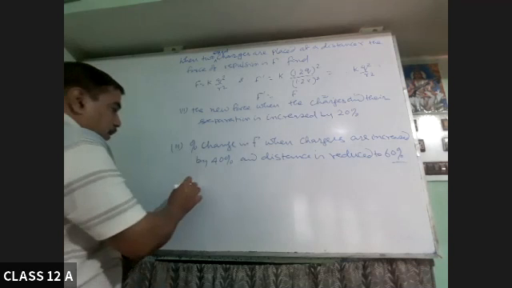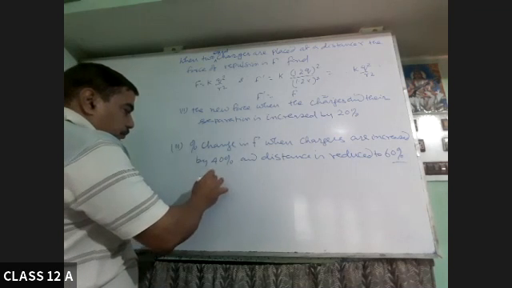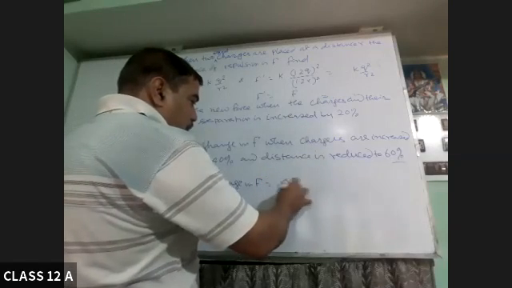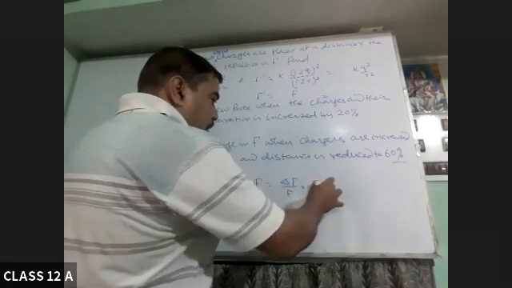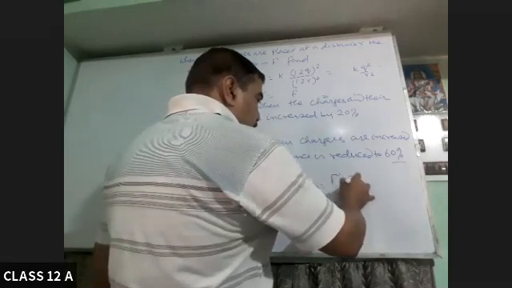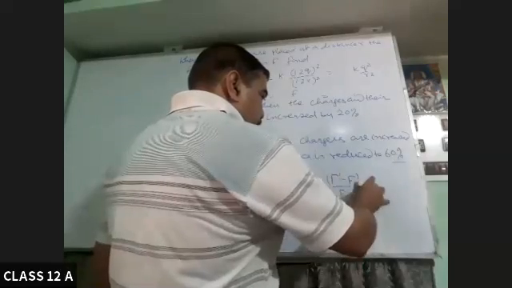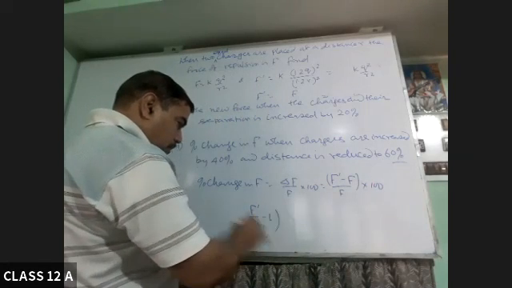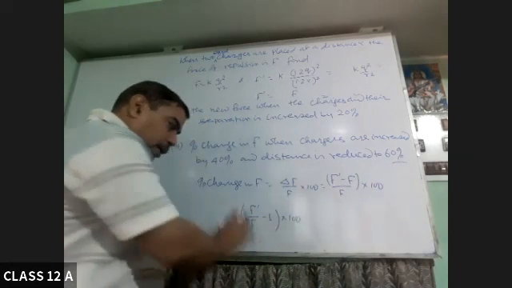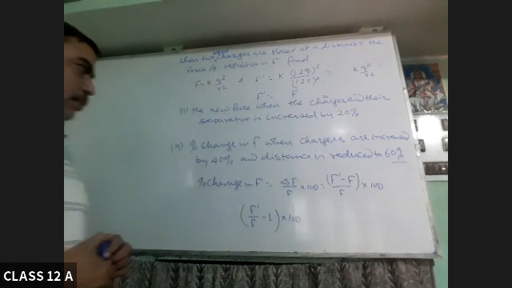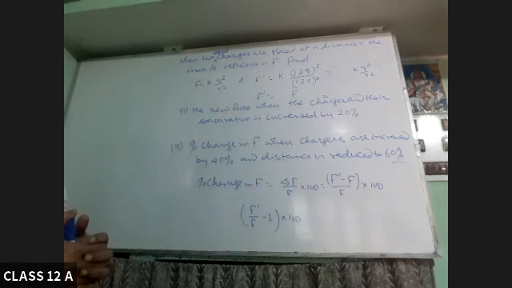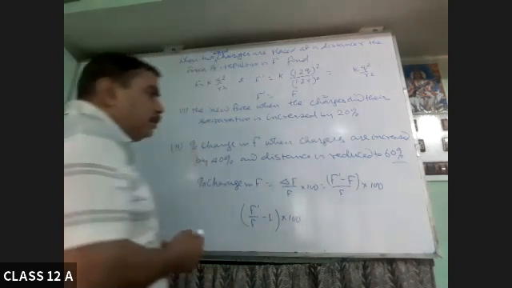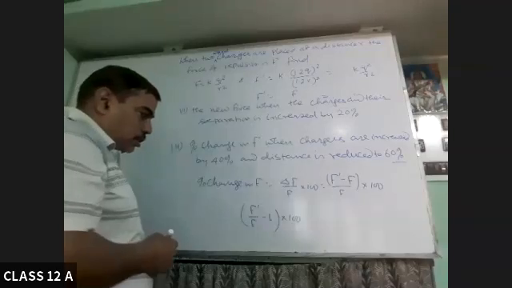So percentage change means what? Delta F over F into 100. Delta F means what? F dash minus F over F. So again we find this F dash by F. So here charges are increased by 40% and distance is reduced to 60%.